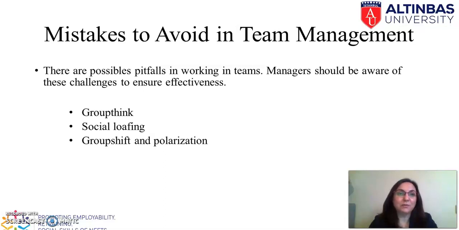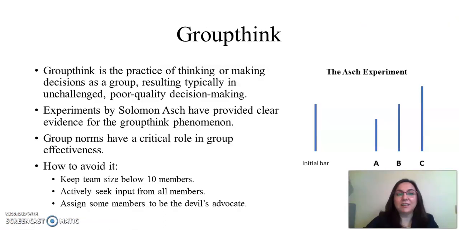So maybe we should first start with talking about what kind of mistakes are potentially made in being a team member or being a team. And then we can discuss the steps that we should take to avoid such mistakes. So let's start with the first mistake or the first pitfall of a team, which is groupthink.